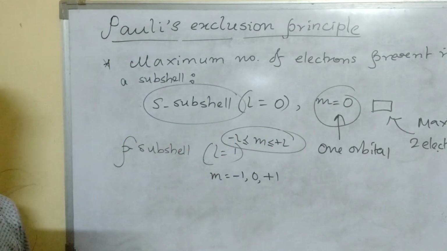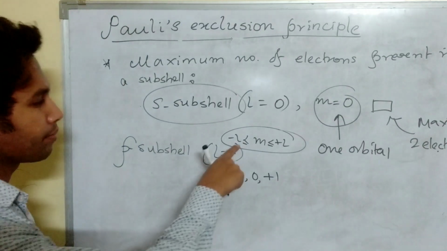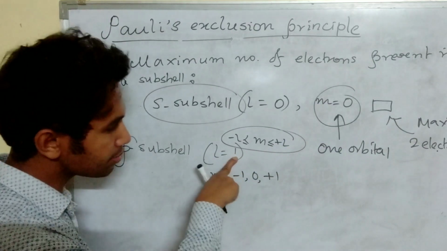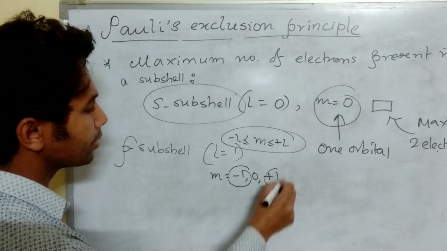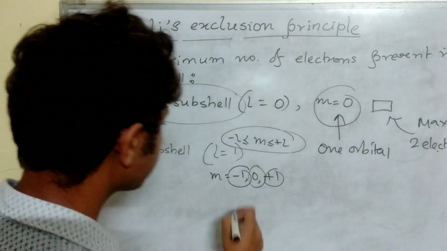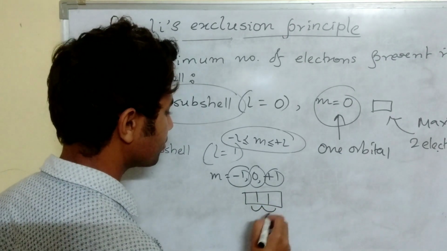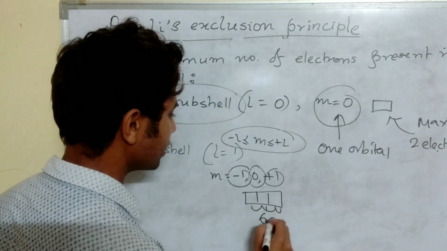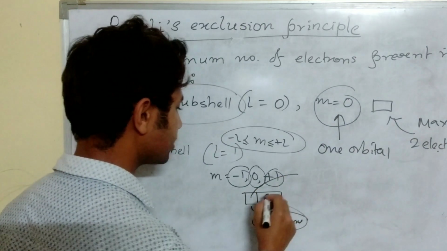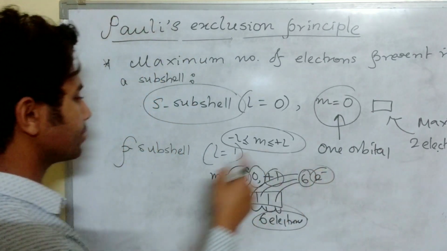So -l is -1 and +l is +1, and in between these two, 0 is available. So we have 3 orbitals, 1, 2, 3. With 2 electrons in each orbital, a maximum of 6 electrons is possible.